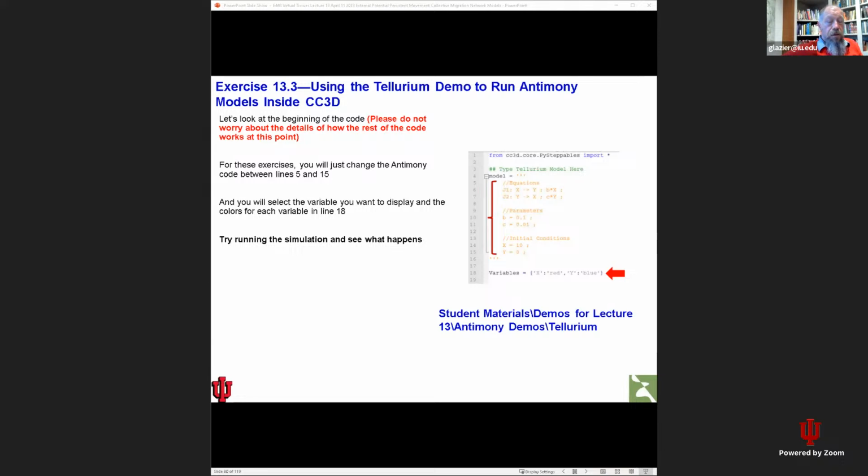If you're running the older version of CompuCell, you're running 4.2.5. Is that right? 4.3. How would I check that? If you go up to Help, it'll tell you what the version number is. I'm using 4.3.2. Okay.